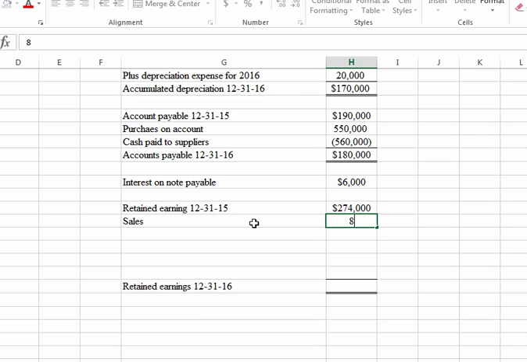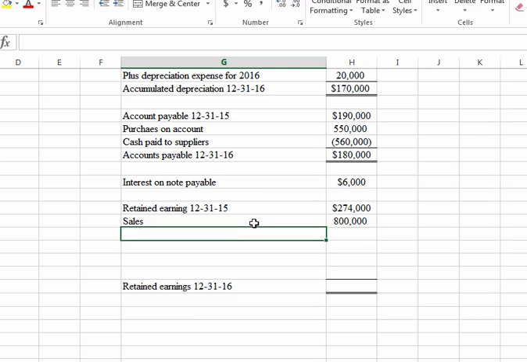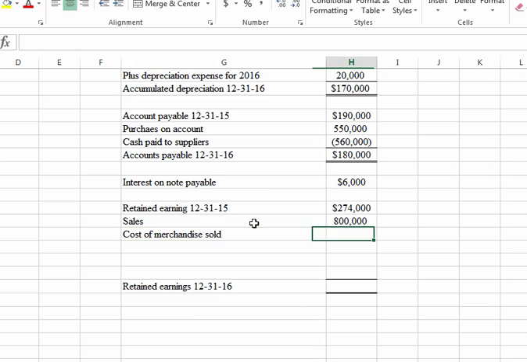Again, assume all theirs were made on account. Alright, we've got cost of goods sold, or I think they said cost of merchandise sold, is an expense. That one's going to be $500,000.